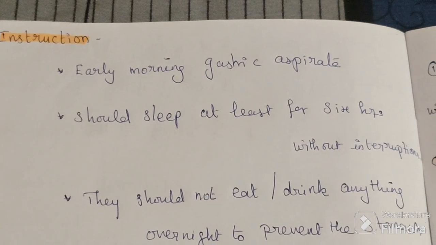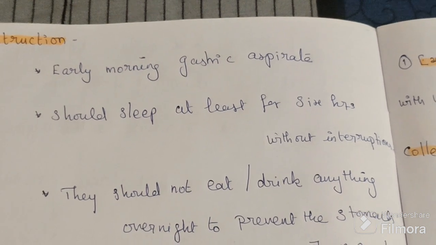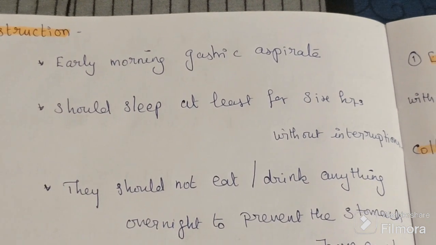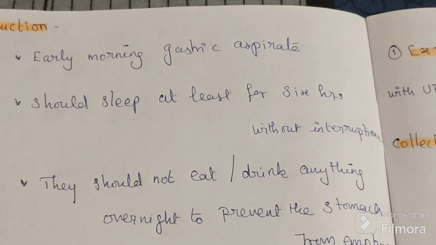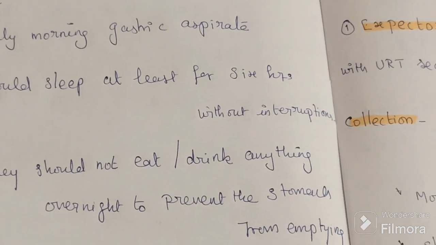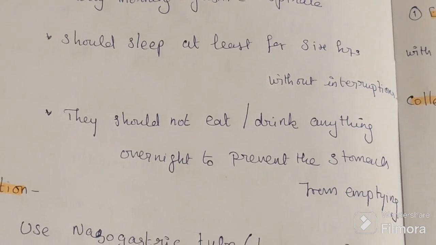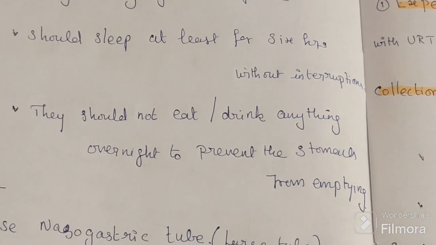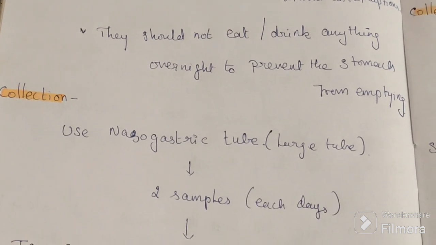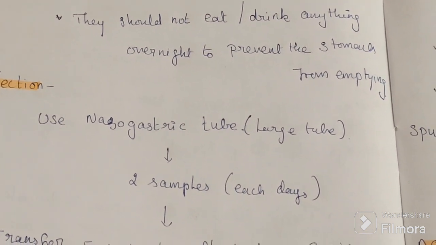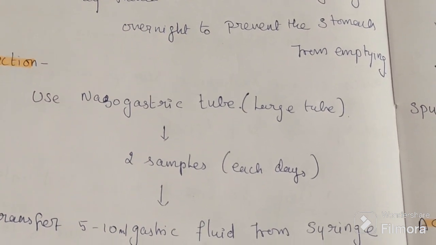Instruction: an early morning gastric aspirate sample must be collected. Inform the patient to sleep at least 6 hours without interruption, and not eat or drink anything overnight to prevent the stomach from emptying. Collection: use a nasogastric tube, a large tube, and collect 2 sets of samples.